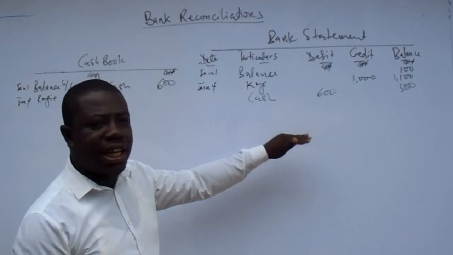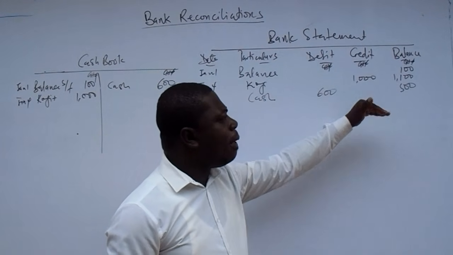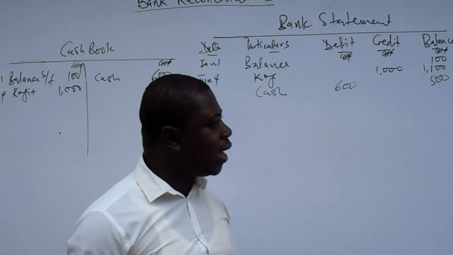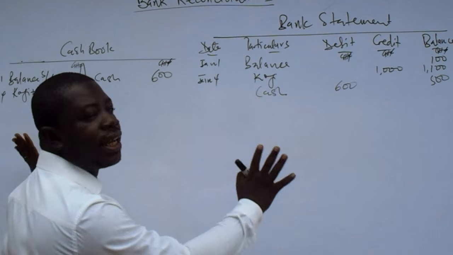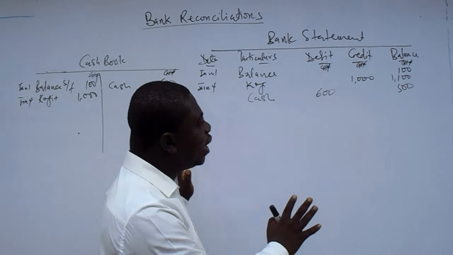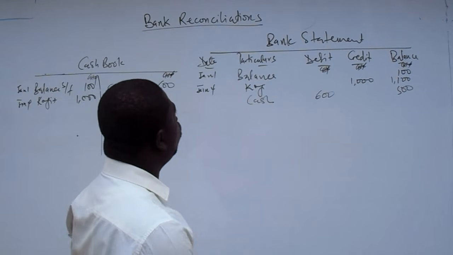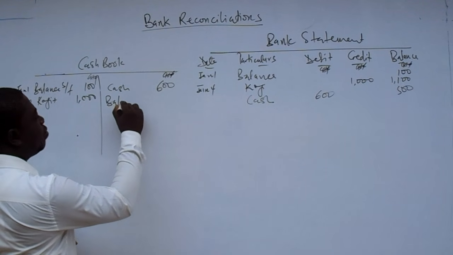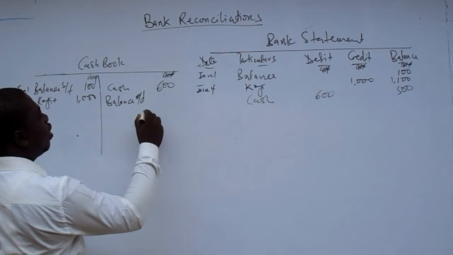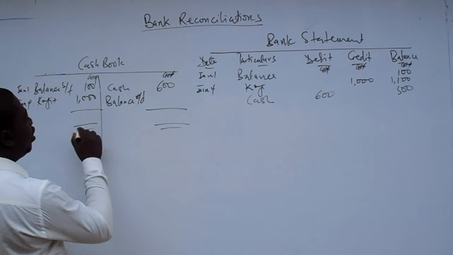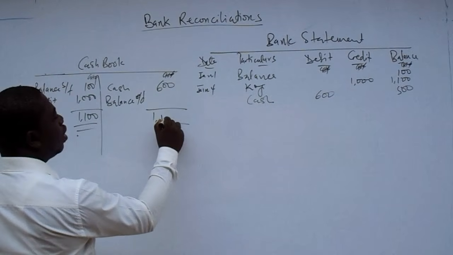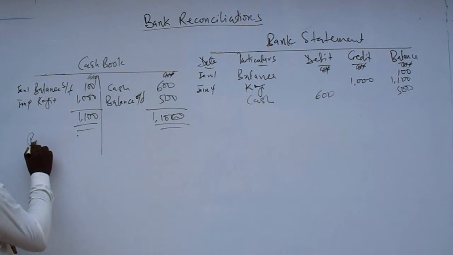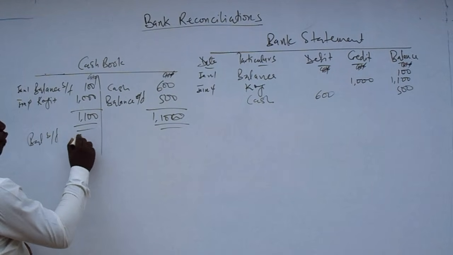And so for every transaction that is recorded in the bank statement, there should be a balance at the end, and the balance updates itself on its own. So let's assume that these are the only 3 transactions that we did in January, and so we have 500 in the bank. So we are trying to balance off the cash book as well. We have 1,000 as a total, so the balance carried down is 500, and so we have a balance brought down of 500.